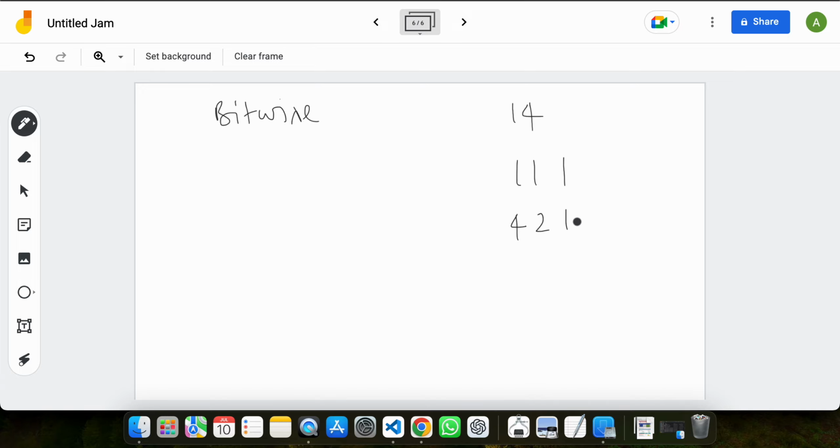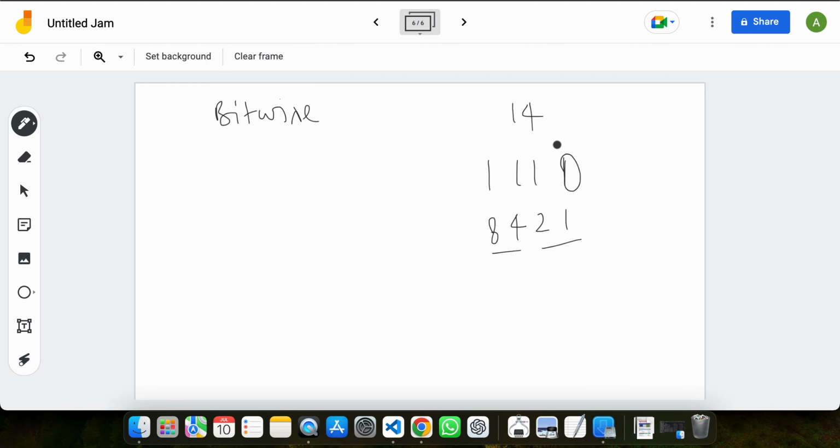It will be 7, sorry. Then I will take one more bit, it will be 8, then 12, 13, 15, which means that bit will be 0. If this bit is 0, then we will not add it, we will remain with 8 plus 4, 12 plus 2, 14. So 14 is represented by 4 bits.